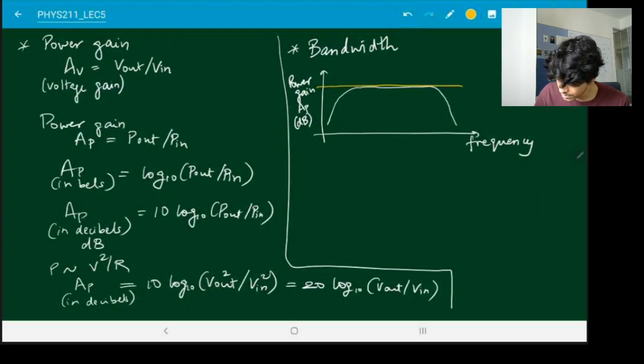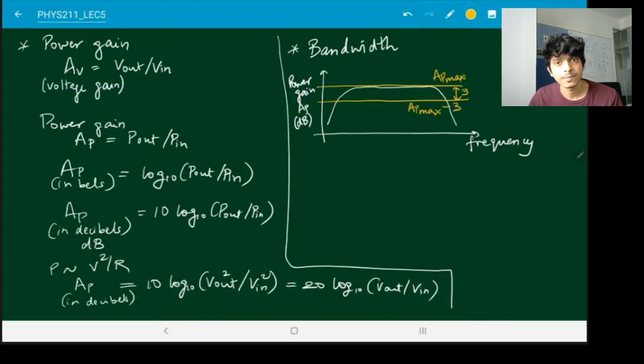So what we do is, suppose this maximum value is, let's call it AP max, and then you check at what level does this become AP max minus 3. So basically we want this fall to be 3 decibels. Let me rewrite this. So this upper one is AP max, the lower one is AP max minus 3.